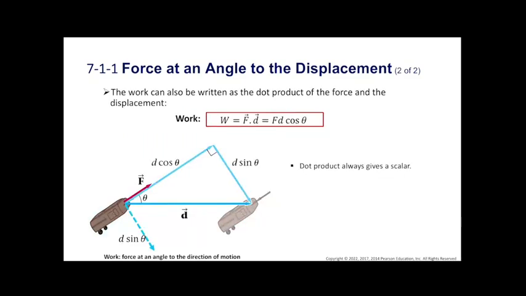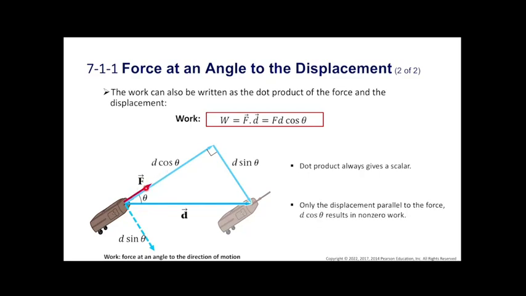Now, the displacement of the suitcase in this figure is equivalent to a displacement of magnitude d cos theta in the direction of force F, plus a displacement of magnitude d sin theta perpendicular to the force. But as we learned in the previous slide, only the displacement parallel to the force results in non-zero work.